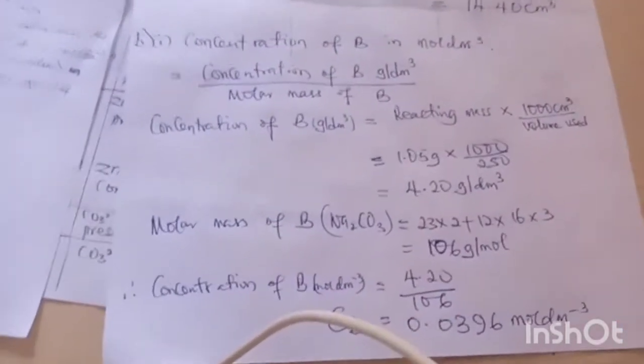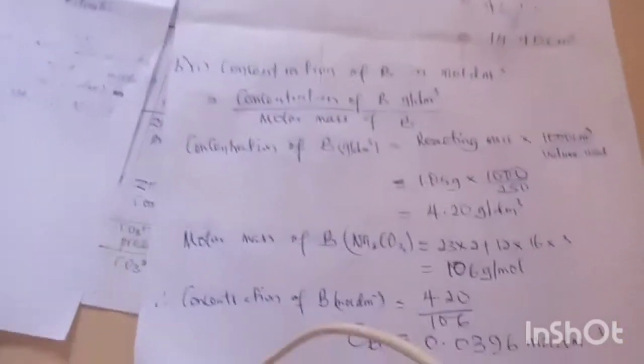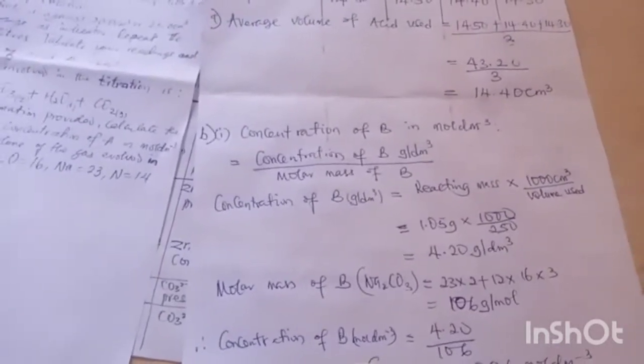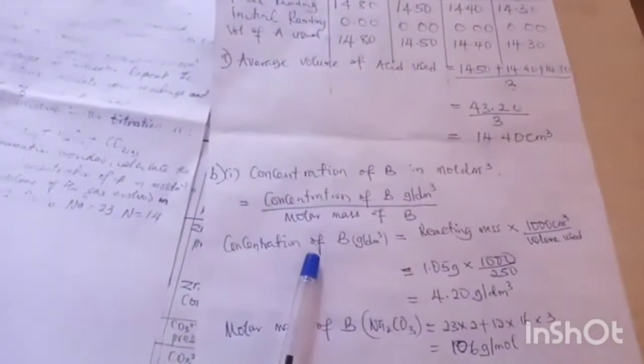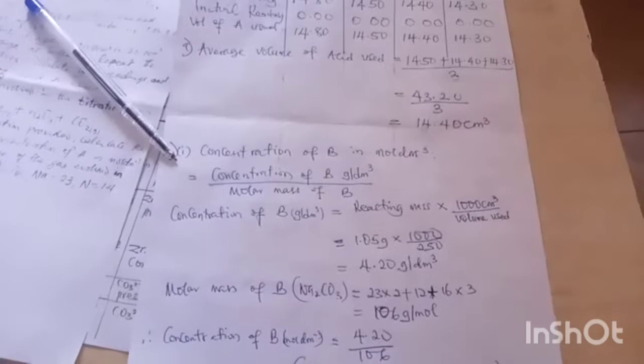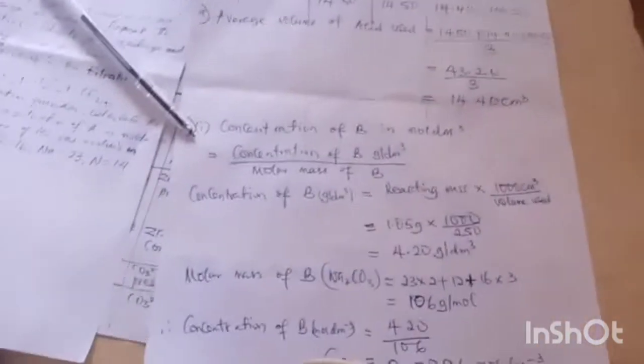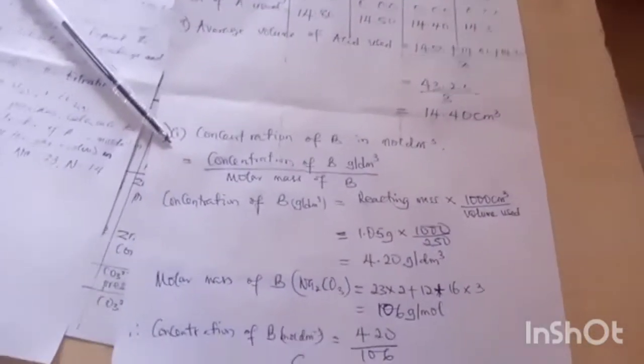Now the molar mass of B, sodium trioxocarbonate(IV), is obtained as shown here: 23 times 2, plus 12, plus 16 times 3, which gives us 106 g/mol.